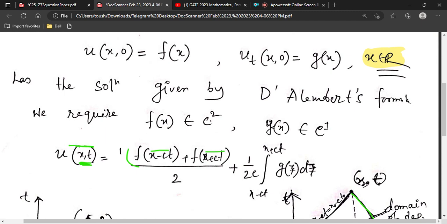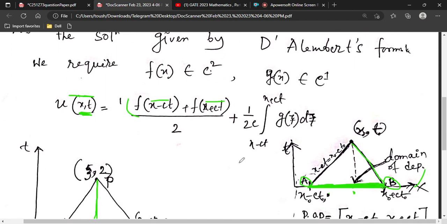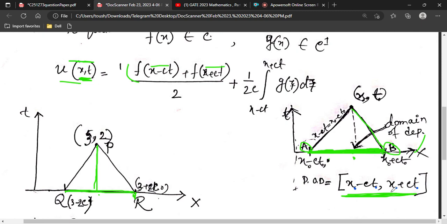If you know the initial values on the interval, then you are done, and you can find the value u(x,t). So the value totally depends on the interval x minus ct to x plus ct, right? So this is your domain of dependence.